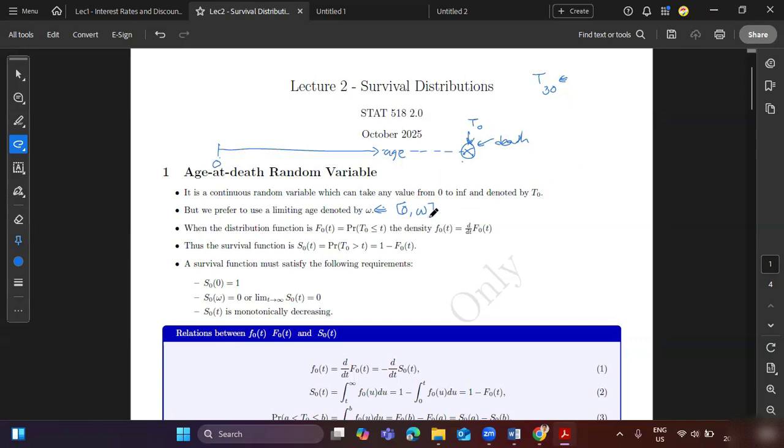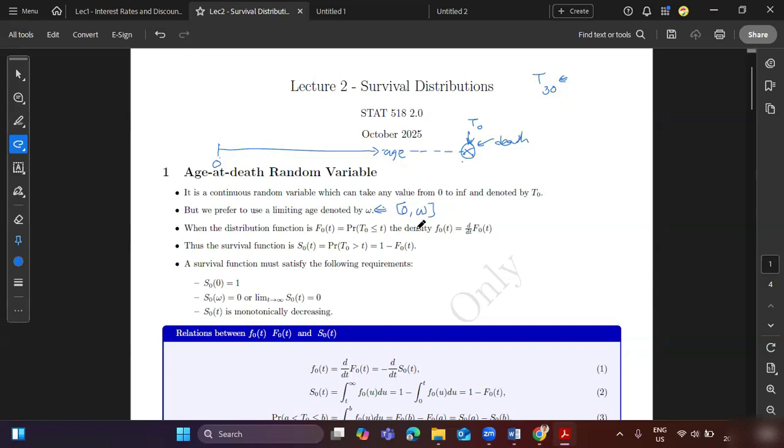But just for clarification, suppose this was 100. Then for a newborn infant, we can expect the lifetime of that newborn baby is 100 years. But if you have already lived for 30 years, then you only expect 70 more years for your life. So that's why it differs.